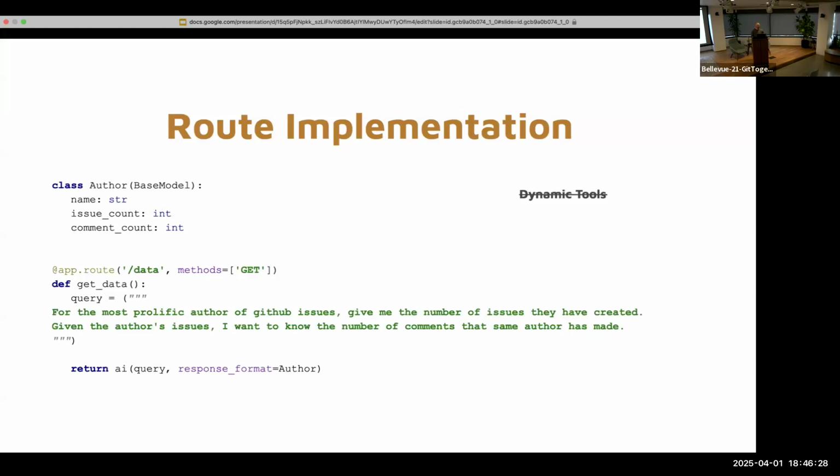So let's look at the code again. We're not using dynamic tools. The data is structured. We are using an implicit algorithm. So our prompt contains some implicit algorithms that the LLM performs for us. So there are no more loops or any other code, really, except for our agent call here. And it's not really natural language, right?